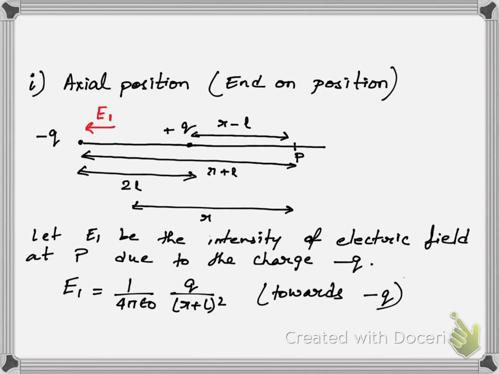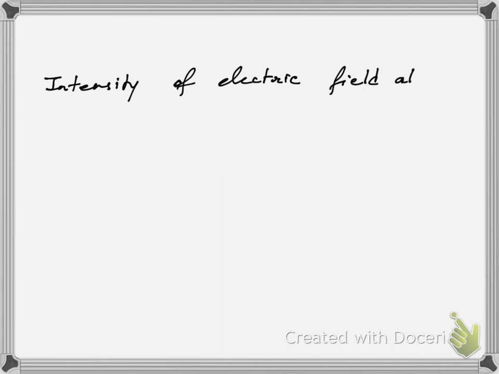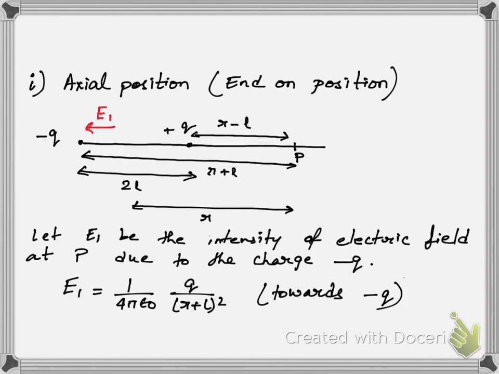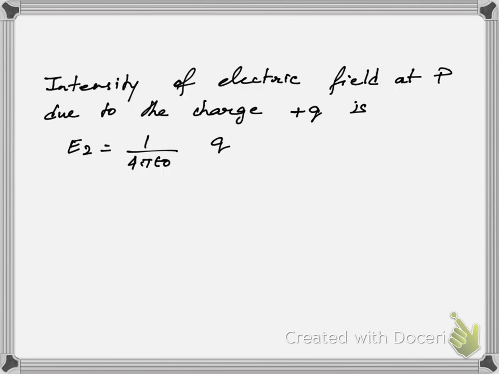Now similarly we shall write down the expression for intensity of electric field at P due to the charge plus Q. Intensity of electric field at P due to the charge plus Q is E2 is equal to 1 by 4 pi epsilon naught Q by the distance between the charge plus Q and P being R minus L, so divided by R minus L whole square.